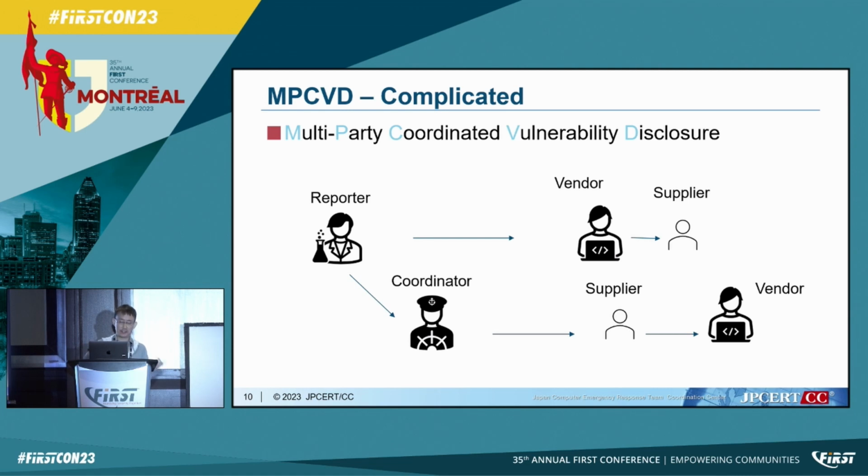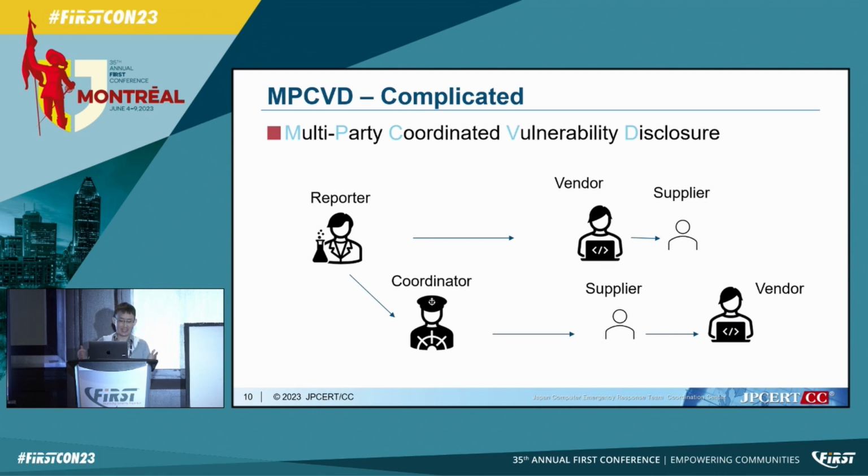And it's not just the number that's complicated. The complexity of MPCVD is actually the complexity of the software supply chain. So there are more depth and layers, hidden relationships, things like that, that exist in the MPCVD case. So it's very complicated.